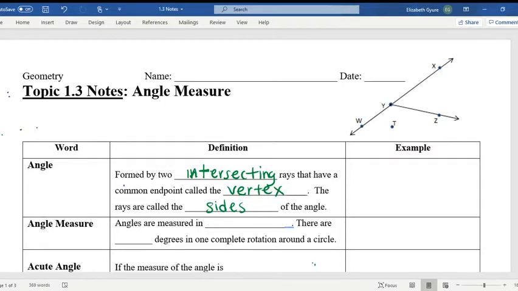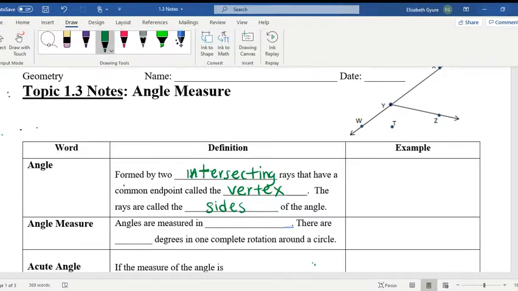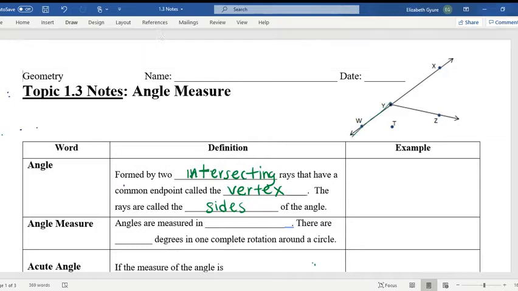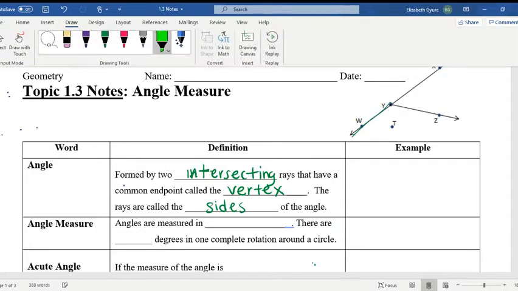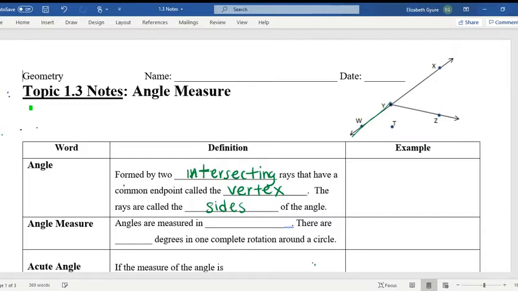So if you take a look at our picture up at the top right here, we actually have several different angles being shown. One angle is this one right here, okay? So that angle is formed by two rays, ray YZ and ray YW, and they both intersect at Y.